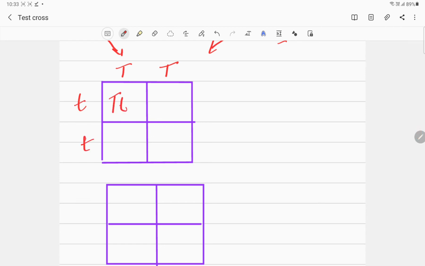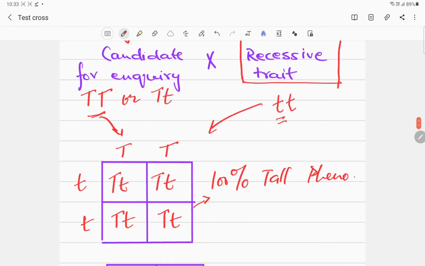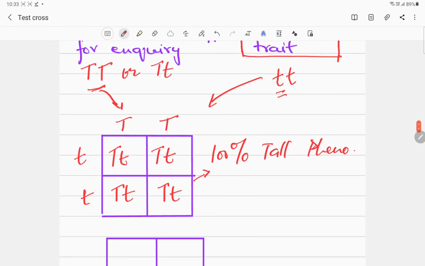So we get capital T small t, capital T small t, capital T small t, and capital T small t, which is basically 100% tall plants as the phenotype. So if my plant is homozygous dominant, then I should get 100% tall phenotype.